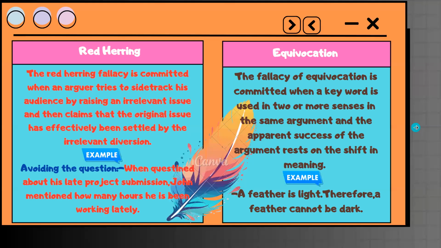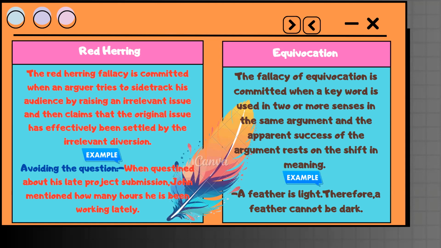Let's move to the other one. Red herring is an attempt to redirect a conversation away from its original topic. It's used by introducing an irrelevant piece of information that distracts the reader's or listener's focus.